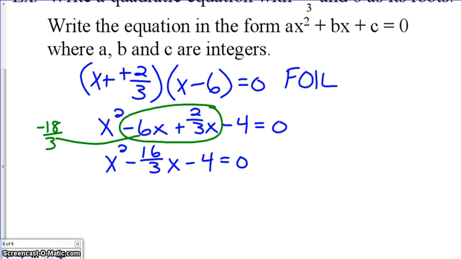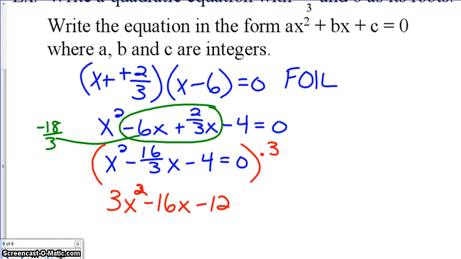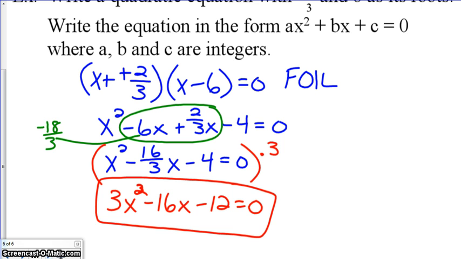Now, you may not leave a fraction in your quadratic form. That's improper form. So in order to eliminate our fraction, we multiply the entire equation by 3, meaning every term gets multiplied by 3. So our proper form would be 3x squared minus 16x minus 12 equals 0. And that is our quadratic equation.